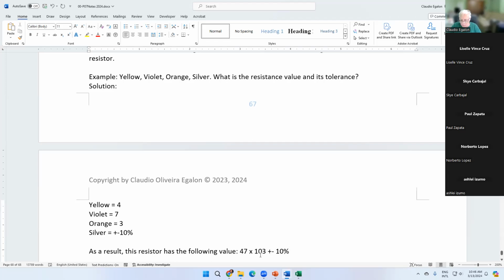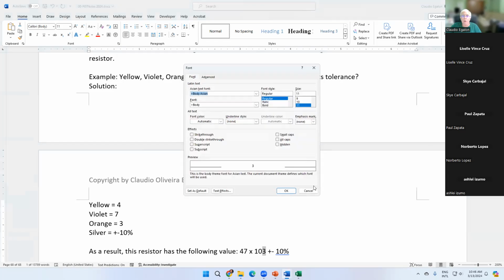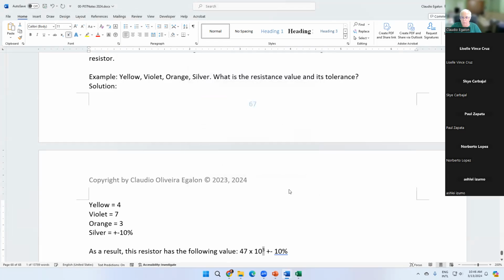So this resistor in Wikipedia has a value of 47,000 ohms and a tolerance of 10%.